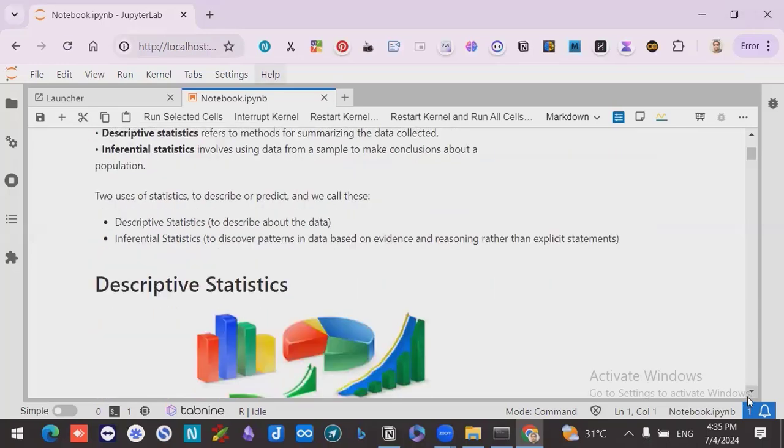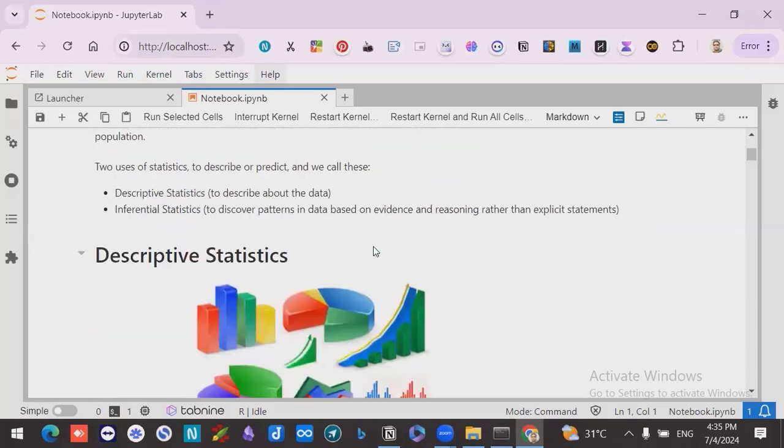There are two uses of statistics: one is to describe and one is to predict. We call these descriptive statistics and inferential statistics, the two main categories. Descriptive statistics, in short, is describing the data. Inferential is to discover patterns in the data, with evidence and reasoning rather than explicit statement.